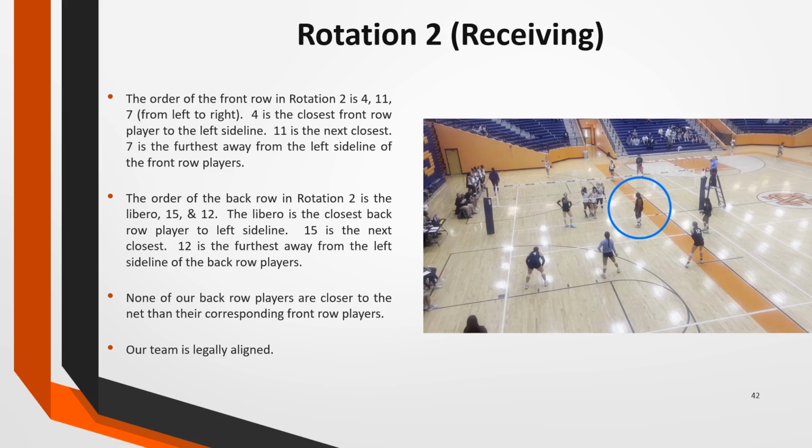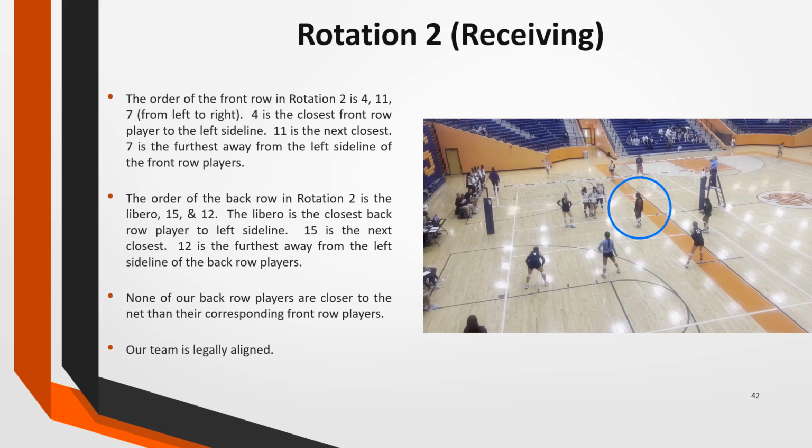Sometimes we call this an overlap. Now, by the letter of the law, an overlap is illegal. Okay? What we're trying to do is make sure that we understand and recognize positions and whether our teams are legally aligned according to positions. I know my libero is a back row player. I know she can't be a front row player.